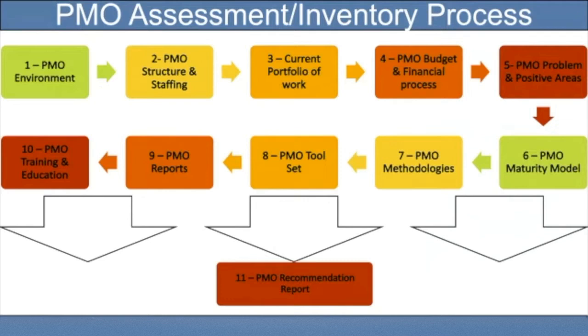Once you've done that 10-step process, because it literally is 10 steps, your 11th step is writing your PMO recommendation report. And ultimately, we call that step 3 of the bigger process.